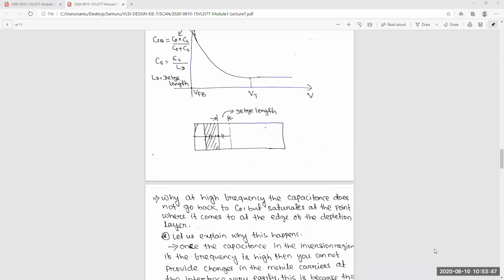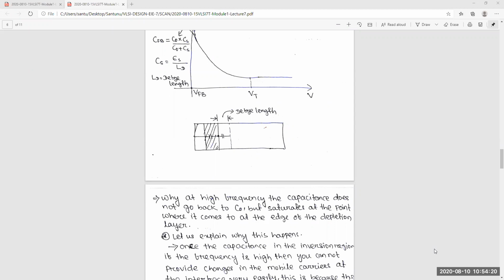If they do not come to the interface, then to compensate that charge, the charges will add at the depletion region edge, and that will come from the majority carriers. So that's why at high frequency it is almost constant at a minimum level, but at low frequency it goes again to a higher level equal to the accumulation region capacitance.